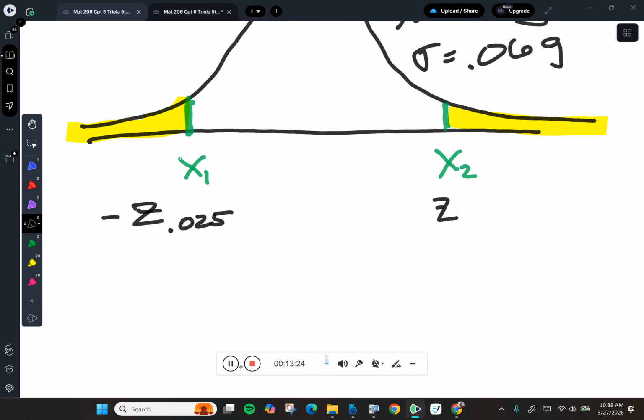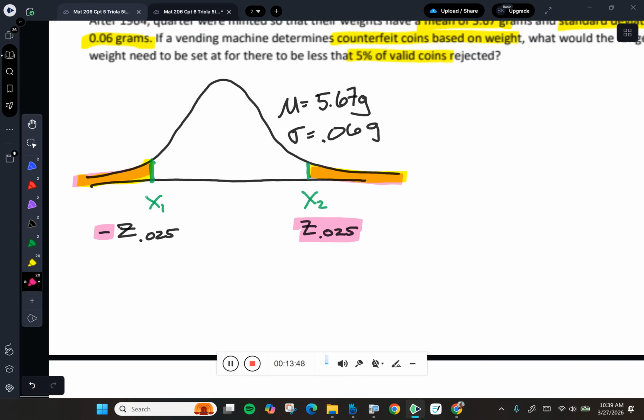And this one is z sub 0.025. Because when I write a critical value in this way, I am saying that the subscript number represents the area to the right. And when I put a negative on this one, that means it's the area to the left. So that's essentially what we're finding here.